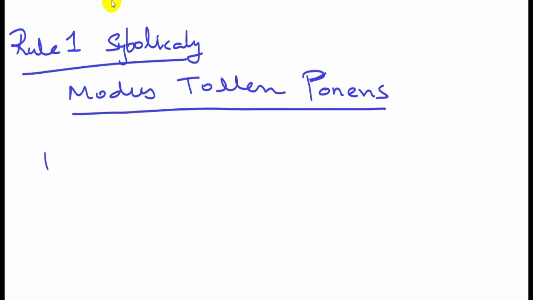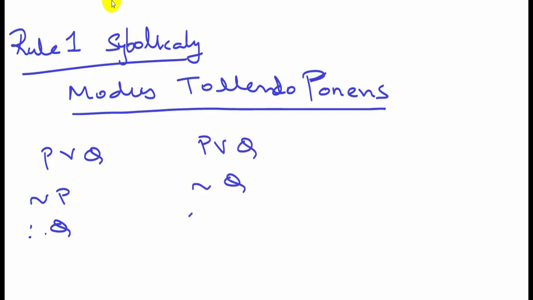This is P or Q, and in modus tollendo ponens we know that the minor premise denies one of the alternatives. So it says not P, therefore Q. Okay, and the other alternative was not Q, therefore P, right?